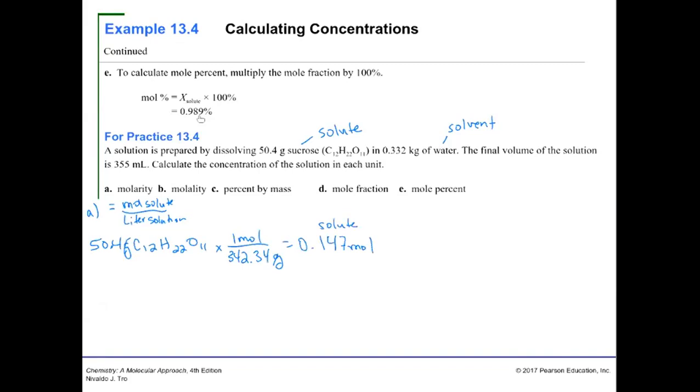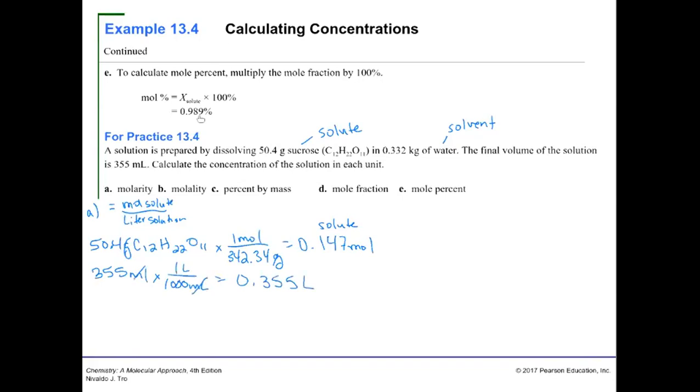To get molarity, we need to divide by the liters of solution. We were given the milliliters, so we have 355 milliliters. We can multiply that by 1 liter goes with 1,000 milliliters. So the milliliters cancel, and we have 0.355 liters.